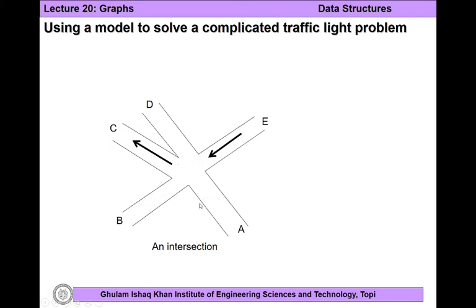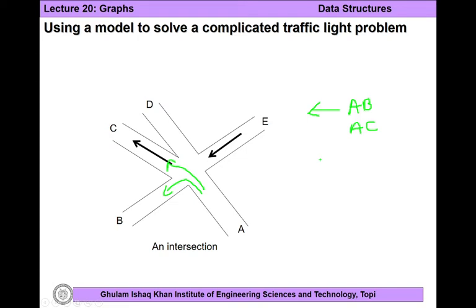Okay, let me redraw this thing. For example, A to B, let me draw it like this, A to B, it's a turn, right? Similarly, A to C, this can be executed in parallel, right?